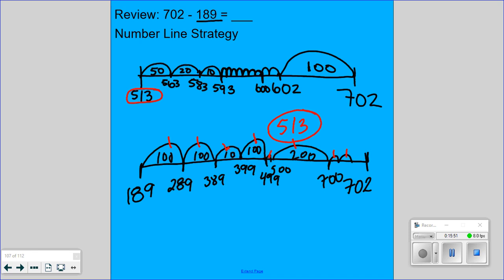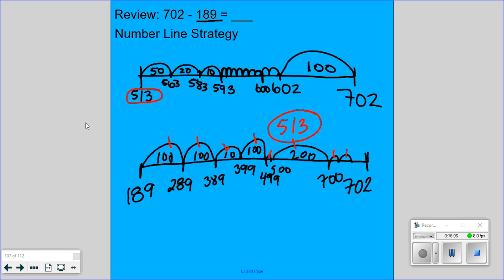I wonder why. Okay, so yeah, it's like the problem just flipped around, but it's added. Yeah, that's why we got the same answer.